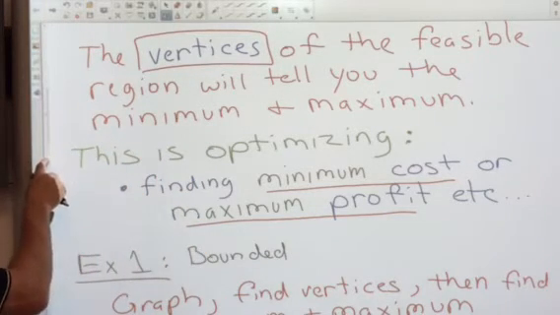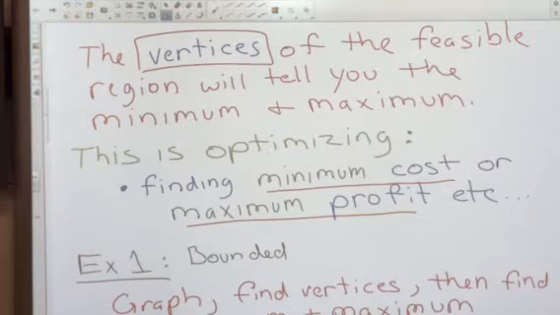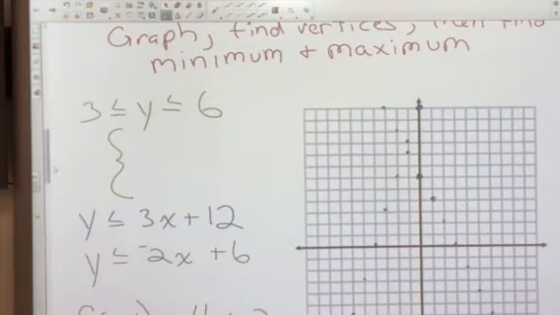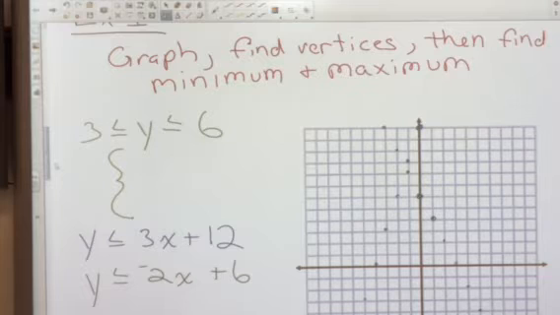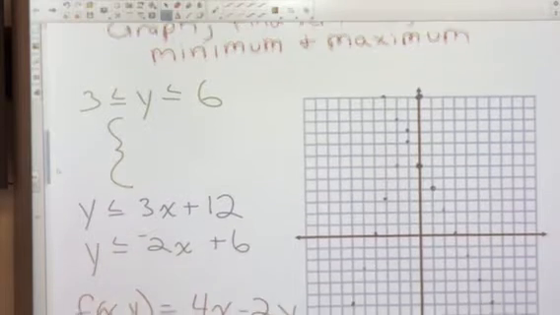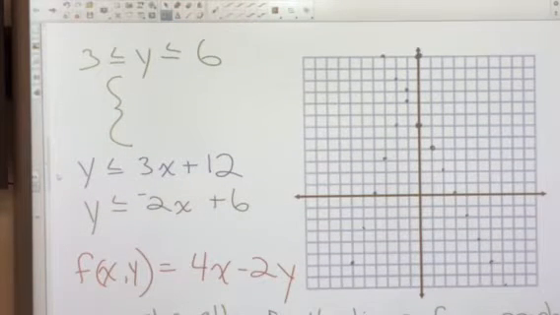So here is a bounded example. Example 1 is bounded. Graph it, find the vertices, then find the minimum and maximum values.